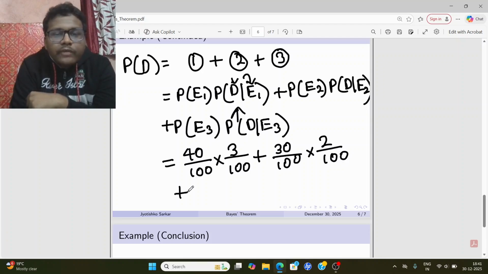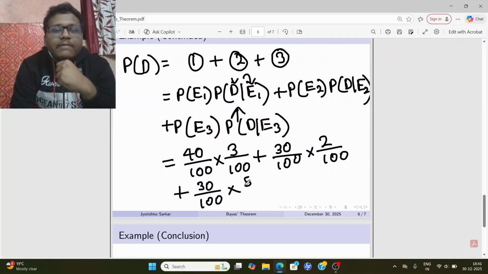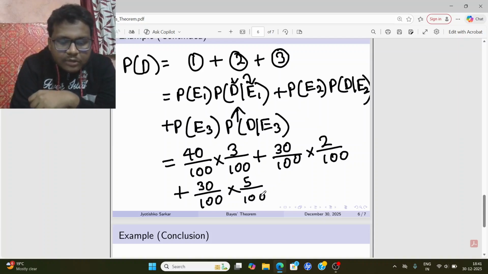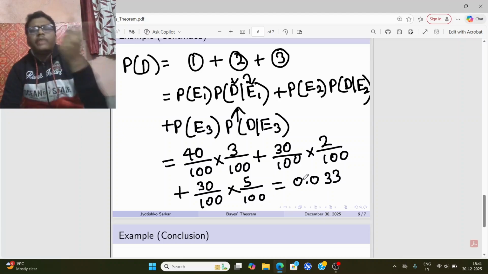Third, the probability of E3 is 30 by 100, and the probability of the bulb being defective if it is produced in factory C is 5%, so 5 by 100. If you calculate all of this, let's just calculate it, you will get 0.033. You can calculate it easily using the calculator or manually.